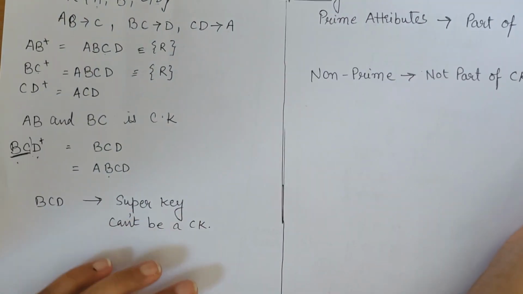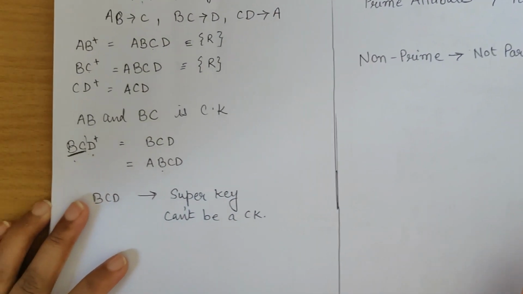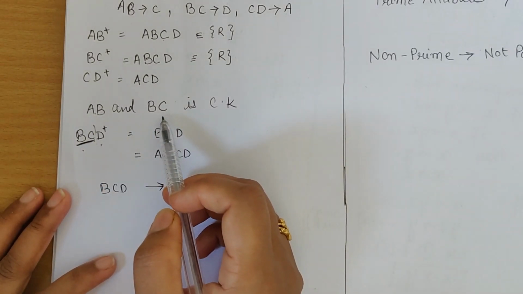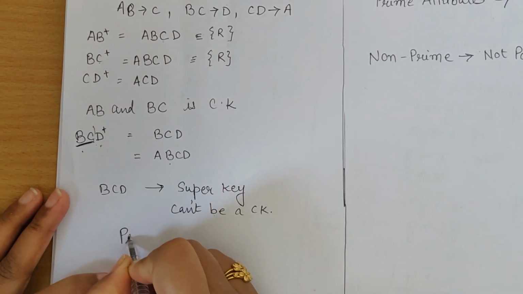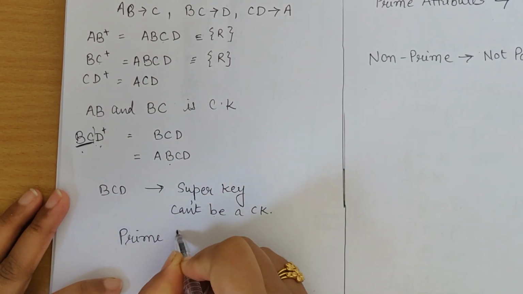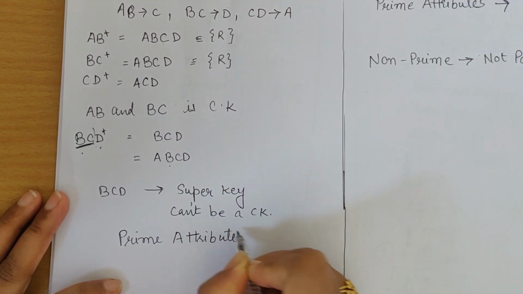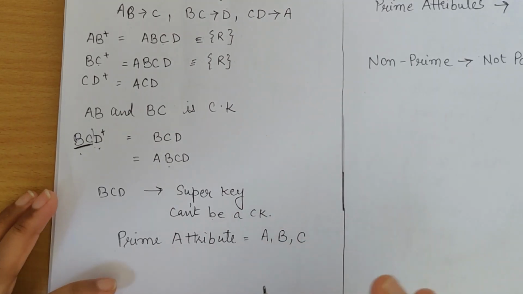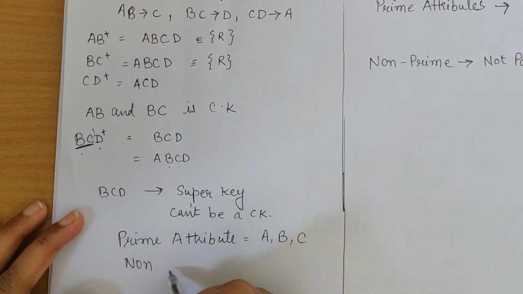Okay, now check for this question. Who will be the prime attribute and who will be the non-prime attribute? If you can see here, AB and BC are my candidate keys. That means A, B and C. So the prime attributes for this question are A, B and C. And the remaining, who are not part of candidate key, that means non-prime.